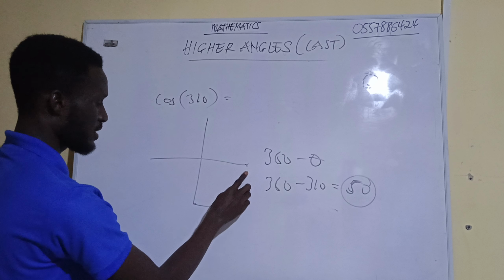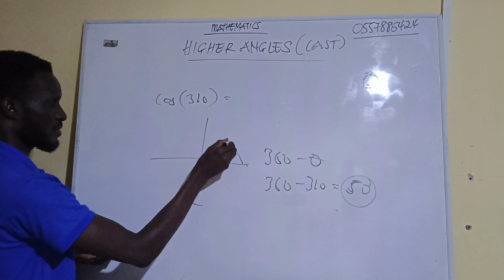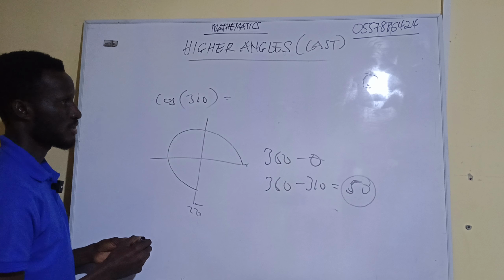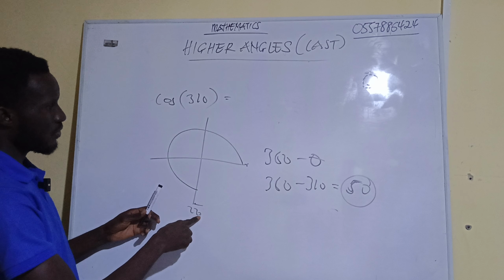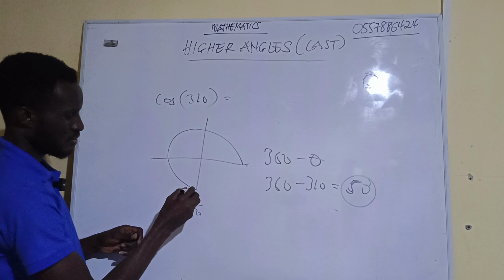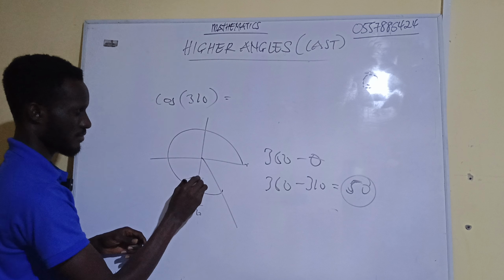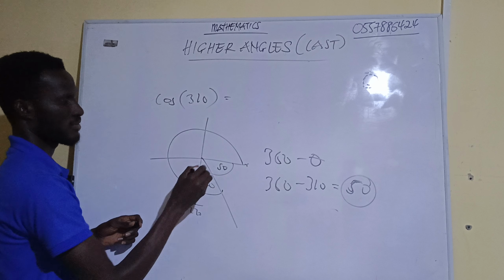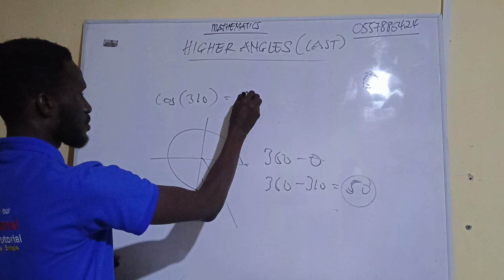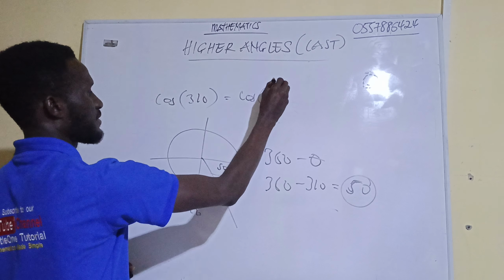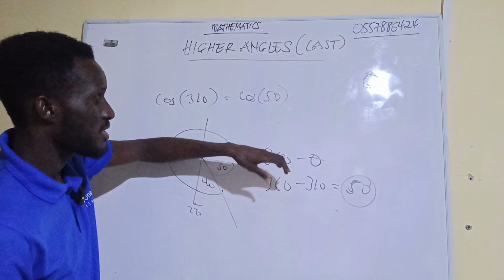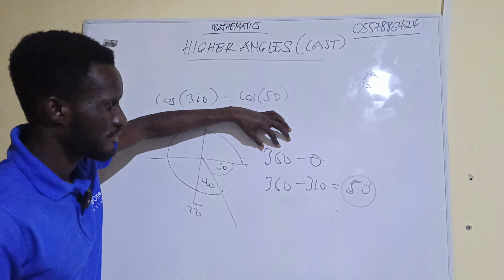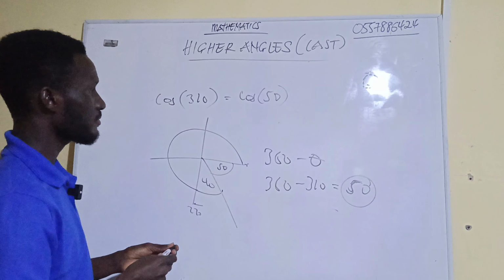Now, if you want to read it, from here to here will give us 270. So for 270, I will need 40. So this will be my 40. The angle along the x-axis here will be 50. So this one is the same as cos 50. If you want to use the formula, you subtract 310 from 360. Don't forget, you get the same 50.